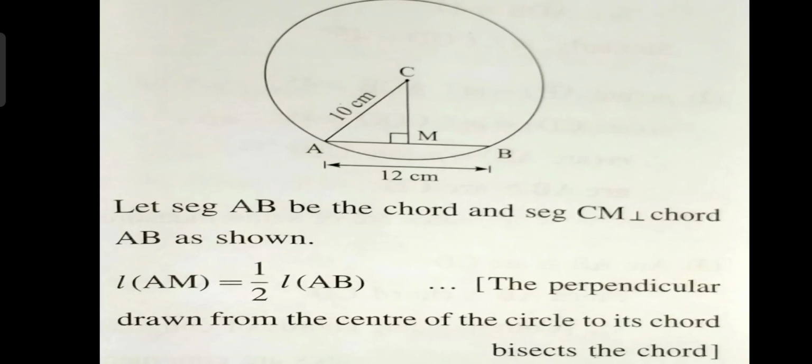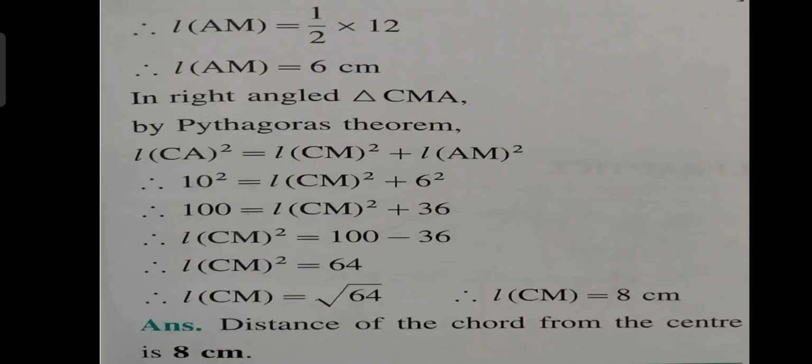Students, this property, if you haven't written it, your marks will be cut. So please, this sentence is actually very easy. We'll repeat again, the perpendicular drawn from the center of the circle to its chord bisects the chord. Okay, then length AM is equal to half into 12, so length AM is 6 centimeter.